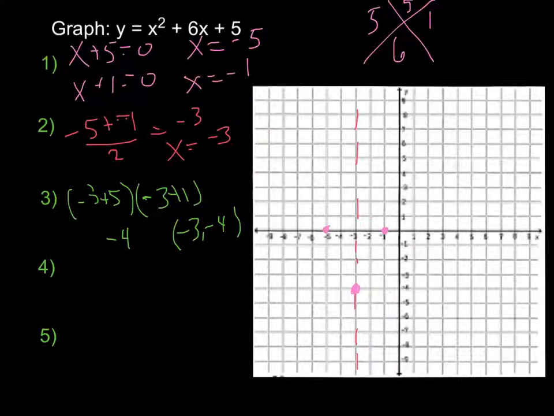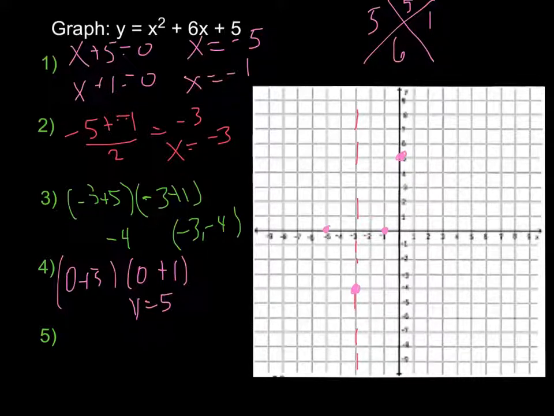Part 4 says find the y-intercept. So we take 0 and plug it in for x. We have 0 plus 5 and 0 plus 1. 5 times 1 is 5, so our y-intercept is the point y equals 5, which is right up here.